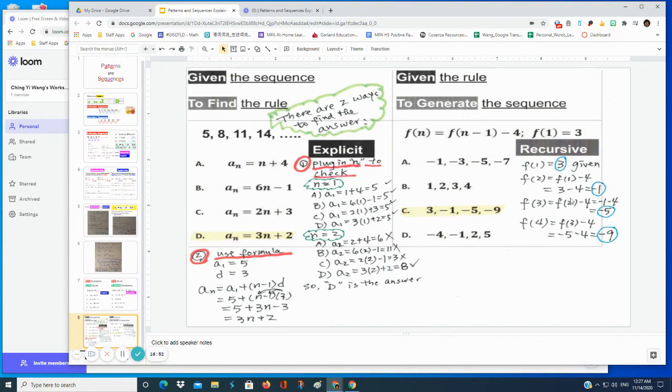So the first term value is 3. 3 minus 4, you get negative 1. Then the next one is this second term, subtract 4 again. So negative 1 minus 4, you get negative 5. And so on. So you get your answer: 3, negative 1, negative 5, negative 9. That's how you find your sequence.